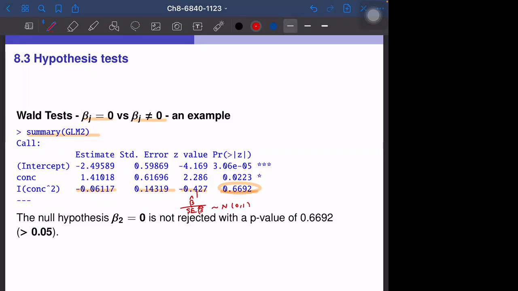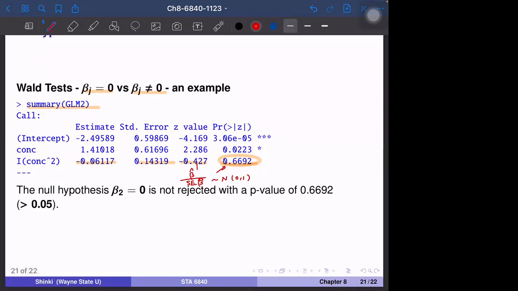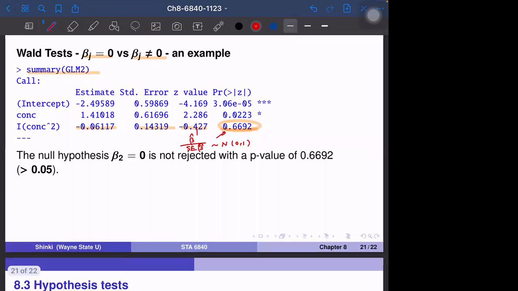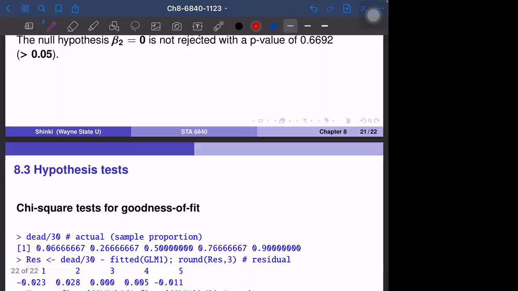So you can get the P value with this property. So still we have almost the same P value, and the null hypothesis is not rejected. So the smaller model is as good. That means beta 2 is not significantly different from 0.